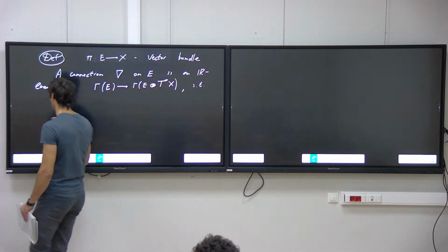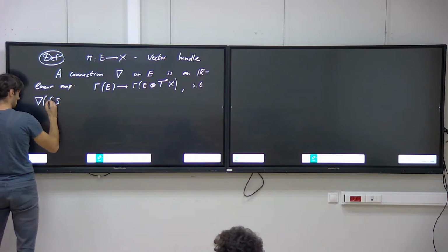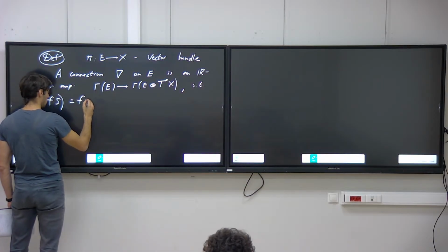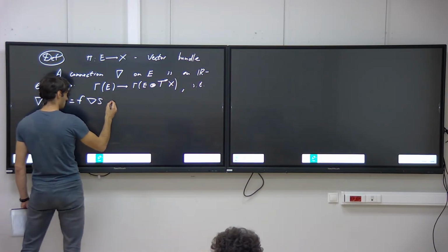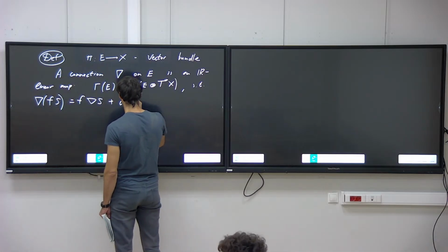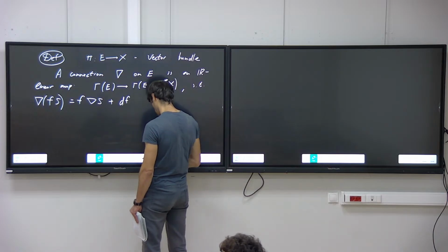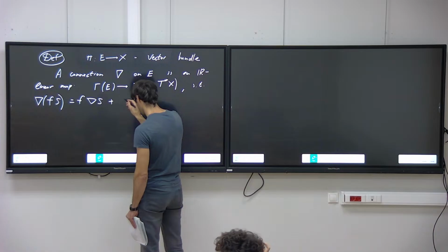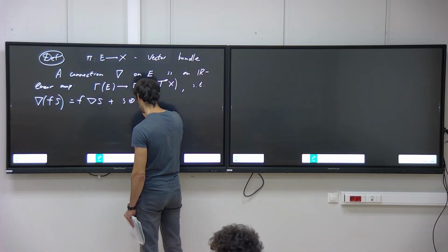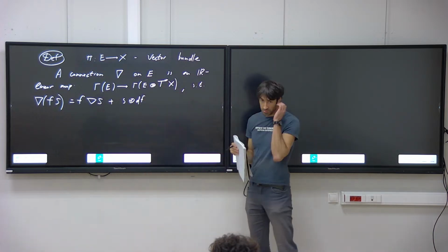If I take nabla of a section multiplied by a function, it is the same as applying nabla to the section times f, plus s tensor df, since I wrote T star X in here.